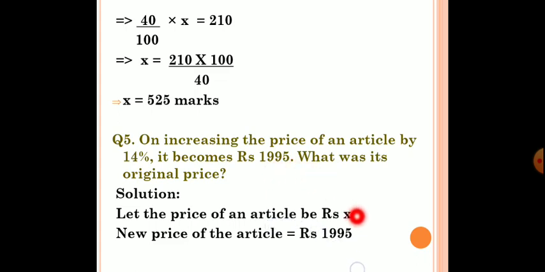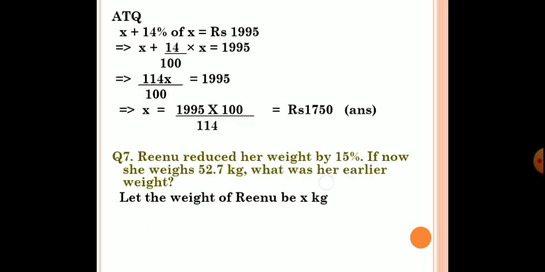So according to the question, since it is written that it was increased, we will write the equation as x plus 14% of x equals 1995. That is x plus 14 by 100 into x equals 1995.